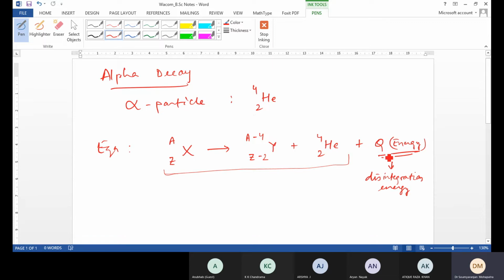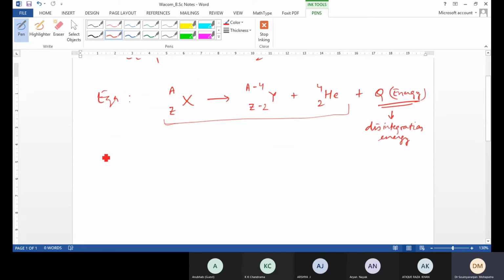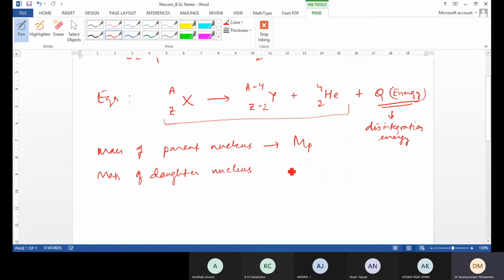For that, let us assume the mass of the parent nucleus is mp, Q is the disintegration energy, md is the mass of the daughter nucleus formed after disintegration, and m alpha is the mass of the alpha particle.